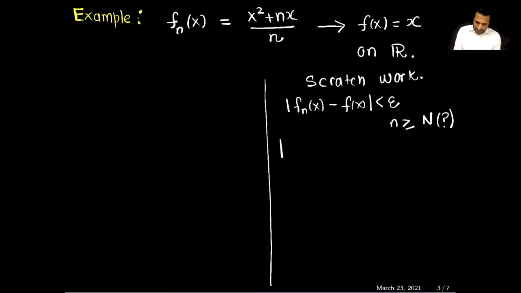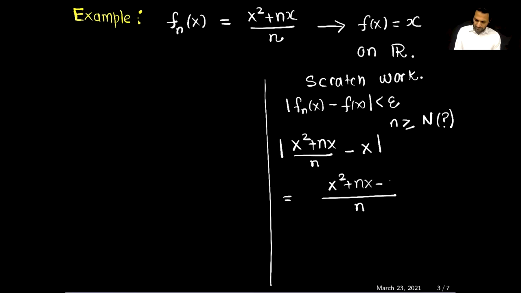So first we will start computing this distance, (x square plus nx) divided by n minus x. So we'll make the same denominator and we'll subtract these two terms. This will be minus x.